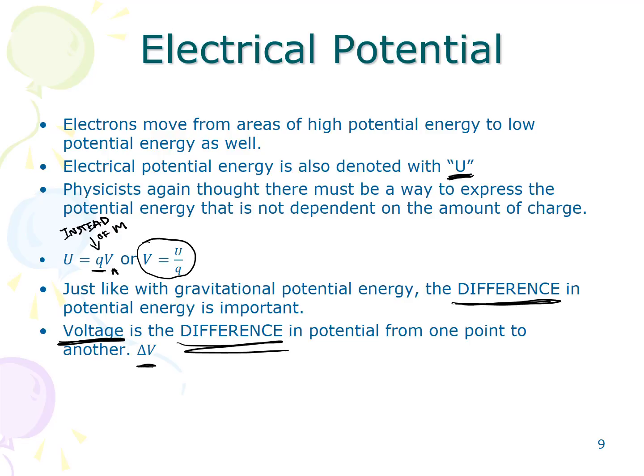It is your delta V. This is the core reason why, if you have ever taken a multimeter or voltmeter, you have two prongs. It measures one potential on one side, another potential on the other side, and then compares them. That's your voltage. The difference in potential energy is what's important, and that's what voltage is.